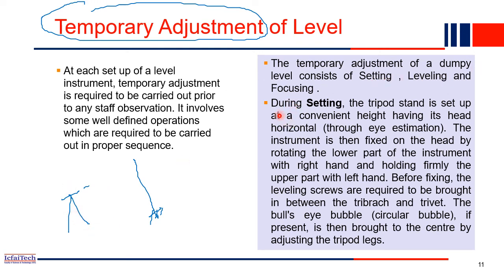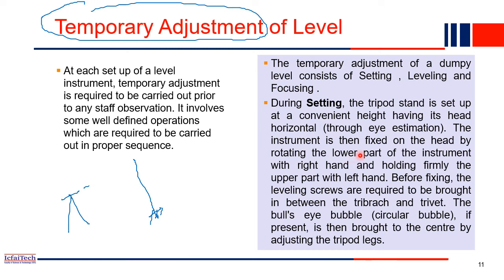During the setting, the tripod stand is set up at a convenient height, having its head horizontal through eye estimation. Initially by eye estimation we keep it horizontal, and then with the leveling instrument, that is the bubble, we keep it exactly horizontal to the ground surface.